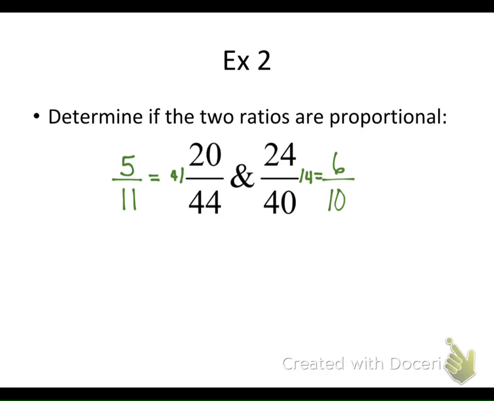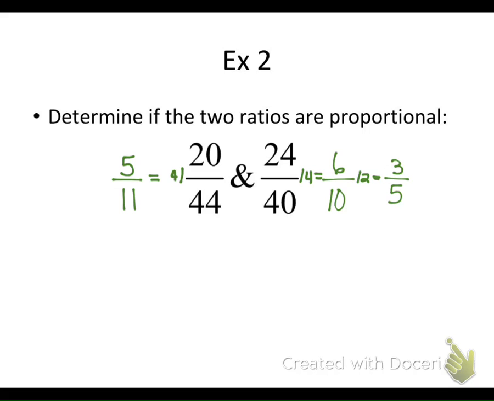So, can 6/10 be simplified further? What are they both divisible by again? 2. So what's 6 divided by 2? 3. What's 10 divided by 2? Okay? So when I reduce my ratios here, I end up with 5 over 11 and 3 over 5.